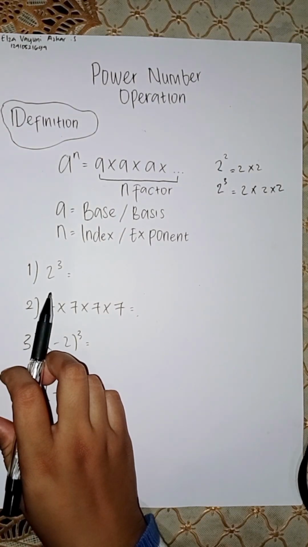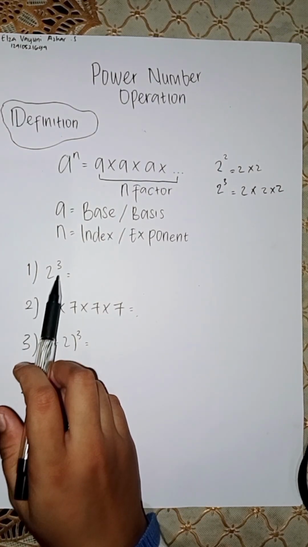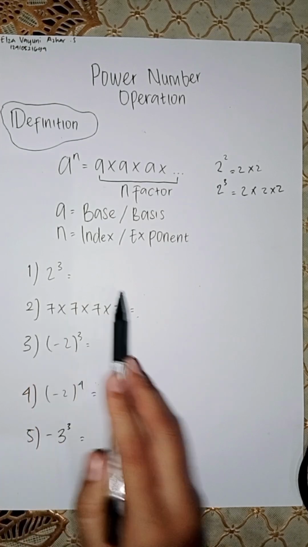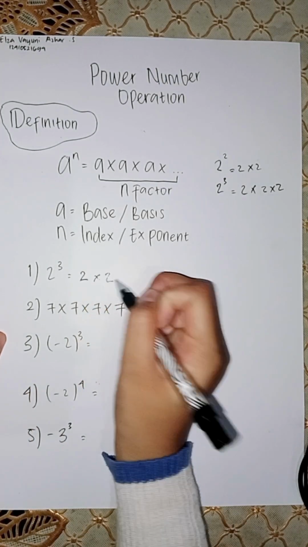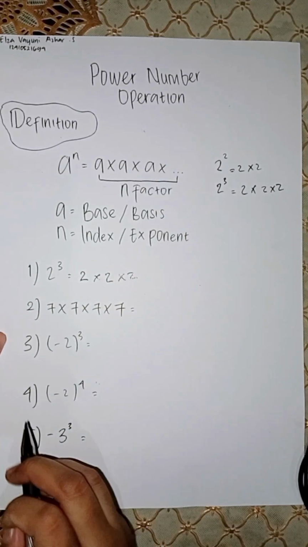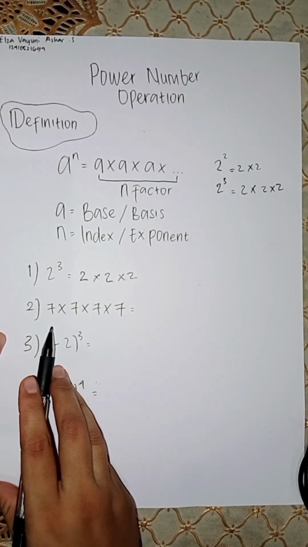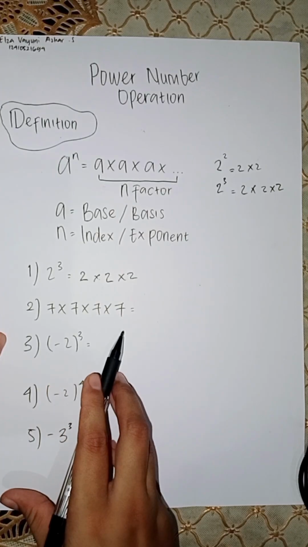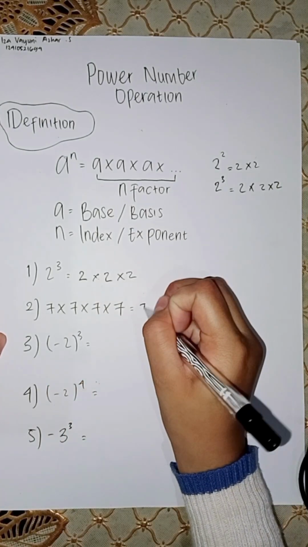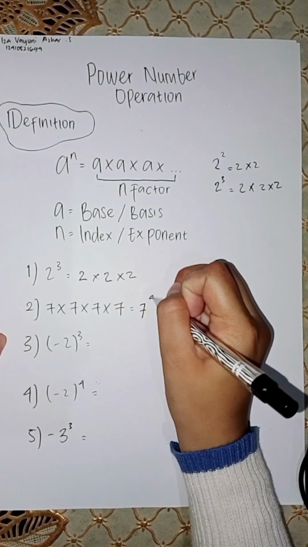For example, 2 to the power of 3 means 2 times 2 times 2. Second, if we have 7 times 7 times 7 times 7, it means 7 to the power of 4.